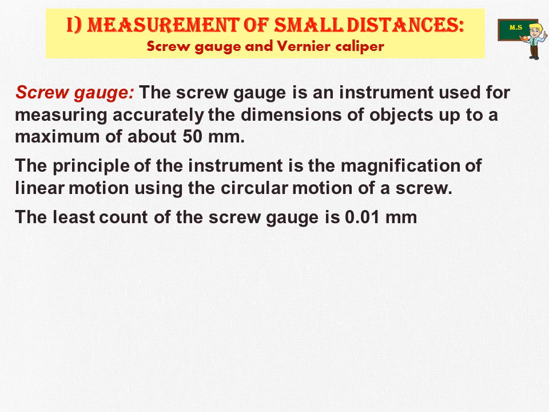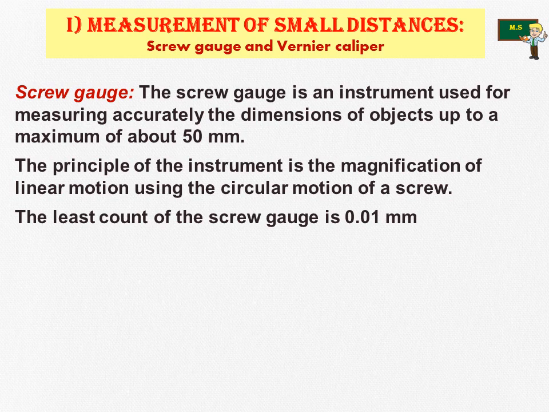You know this millimeter, how small it is. The principle of the instrument is the magnification of linear motion using the circular motion of a screw. The least count of the screw gauge is 0.01 millimeter.